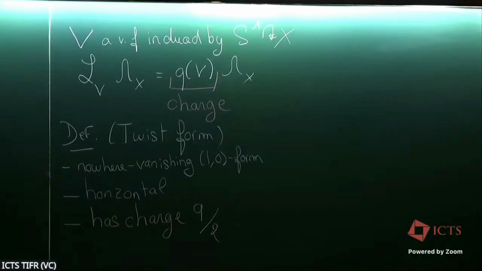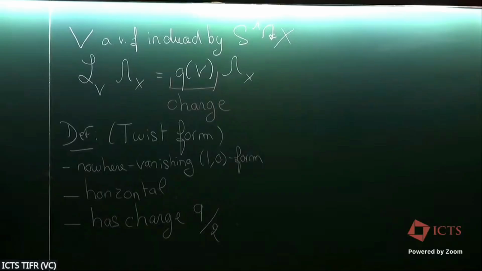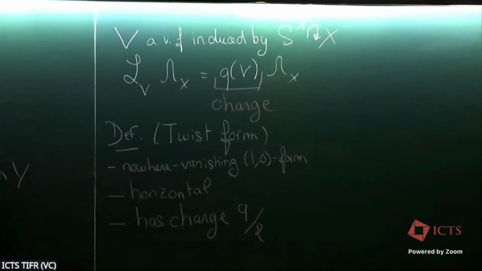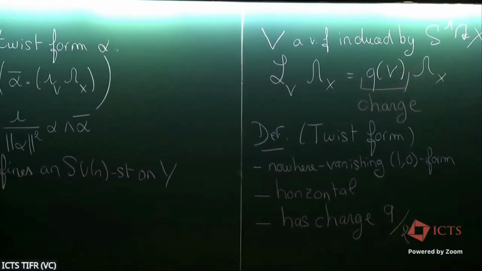Another remark about this theorem: I put here an S1 action, but you can replace it with any compact torus action, actually. And there's even a more general version where, instead of one twist form, we take several twist forms which satisfy an orthogonal condition, whatever that means. And so I can still construct something like that.